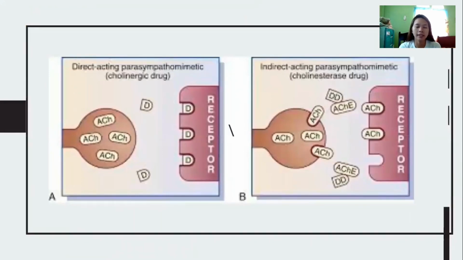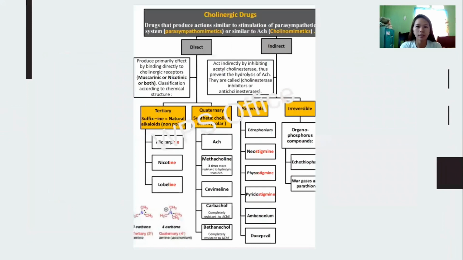These are the direct-acting parasympathomimetic or cholinergic drugs, and on the right side are the indirect-acting parasympathomimetic cholinesterase drugs. Cholinergic drugs produce actions similar to stimulation of the parasympathetic system, or similar to ACh.